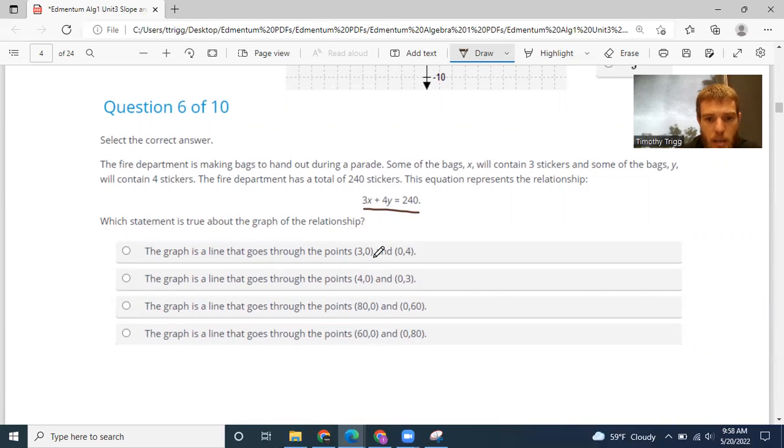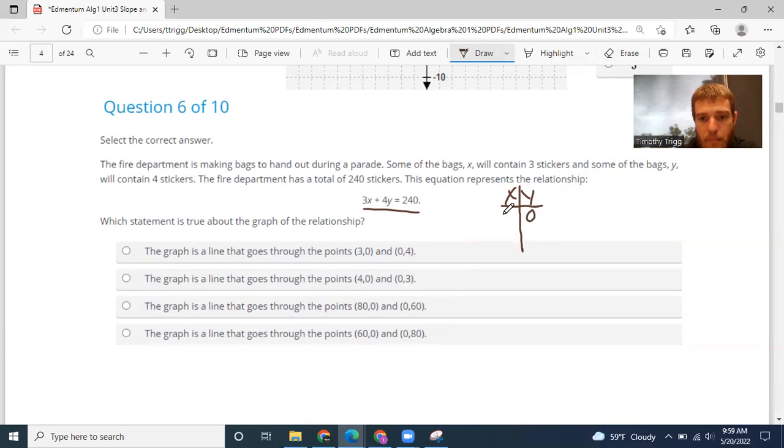Here I'm noticing these points that they're talking about over here. They're all x-intercepts and y-intercepts, because x-intercepts are always something comma 0, and y-intercepts are always 0 comma something. So I'm going to create this t-chart here and figure out what would be my x-intercept.